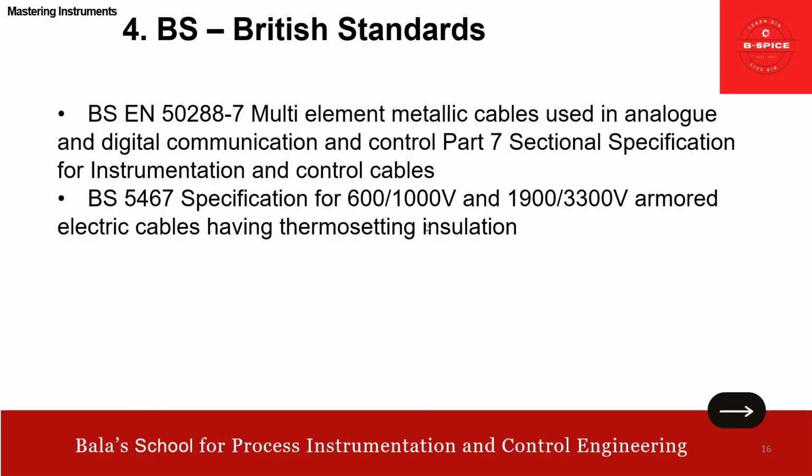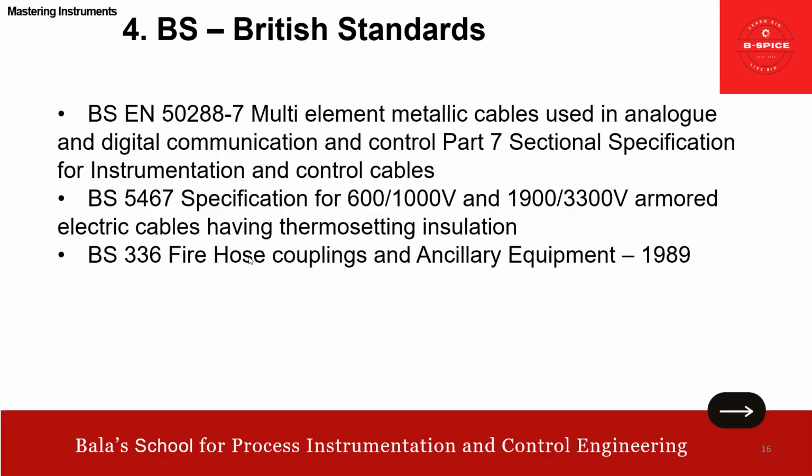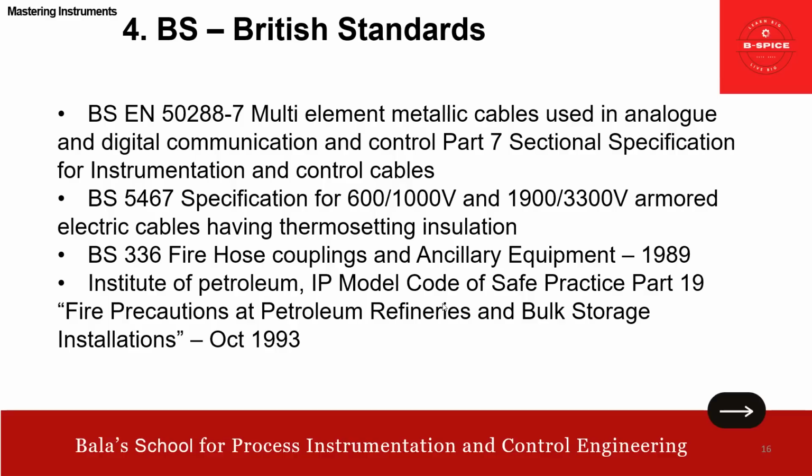Then BS 5467 talks about 600/1000 volt and 1900/3300 volt armored electric cables having thermosetting insulation. So that's the difference: 50288 focuses on control, and 5467 focuses on electric. Then BS 336, fire hose coupling and ancillary equipment.